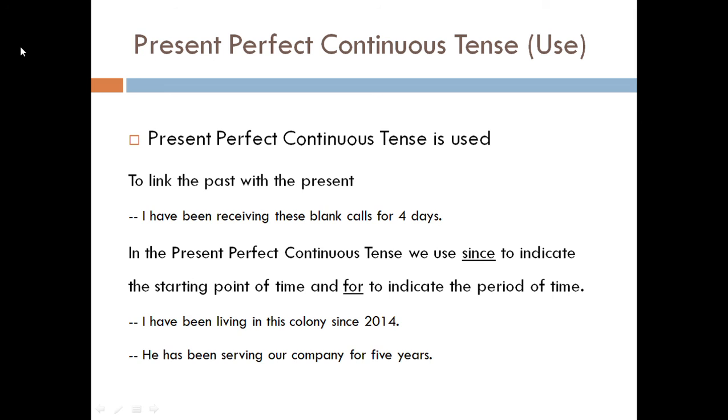Otherwise, if we indicate the period of time, इस time से इस time तक, like for 5 years, for 4 years, 4 साल से अब तक, we use for.